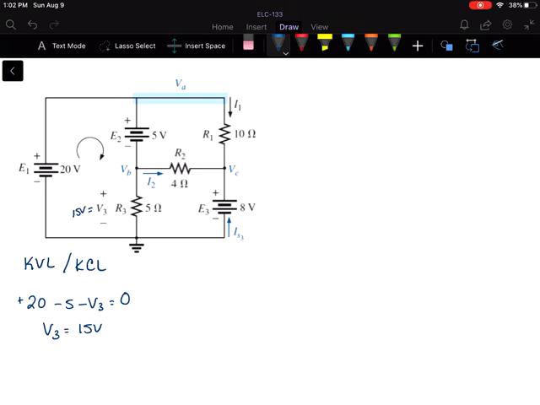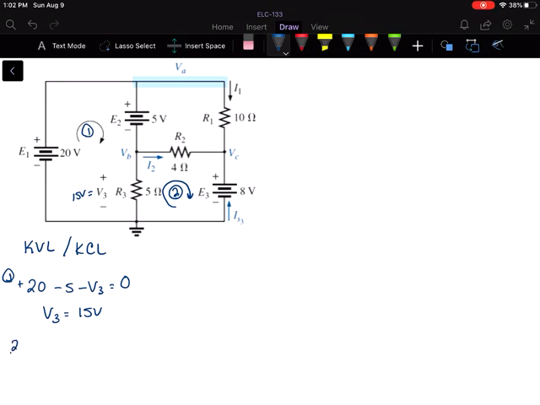Now, once I know that, I could use a second KVL equation here. I'm going to call that 1. Again, starting in the clockwise direction, I like to go from the bottom left corner. And so the first thing I hit is this 15 volts. It's going from minus to plus, so I'm going to add that. And then I've got whatever this voltage is across R2.